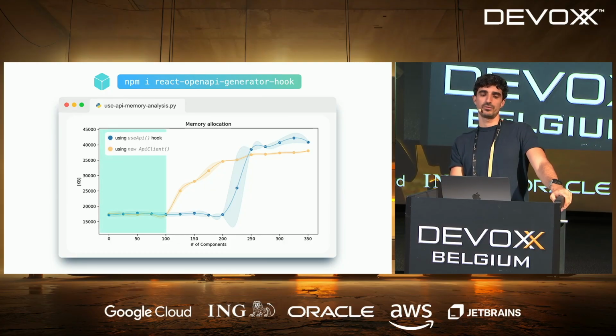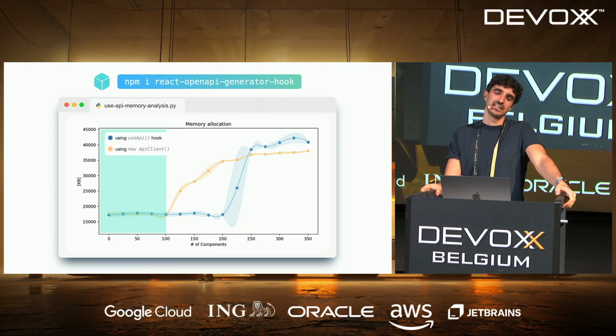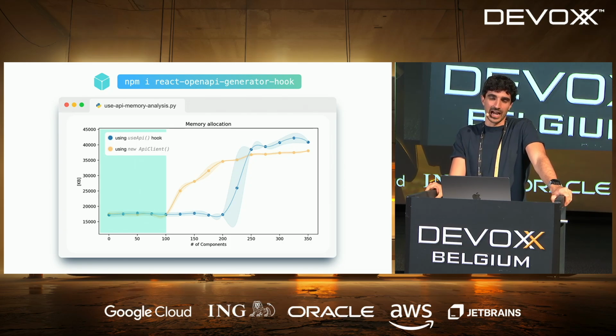Well, first of all, for a small application, which is the case for most of you, I guess, if there are less than 100 components, let's say, using our hook over the other approach, the difference is not going to be noticeable, right?